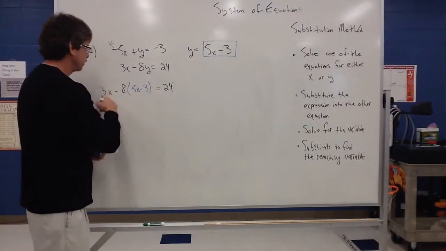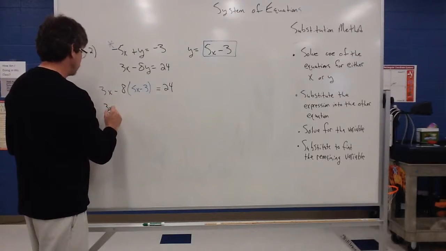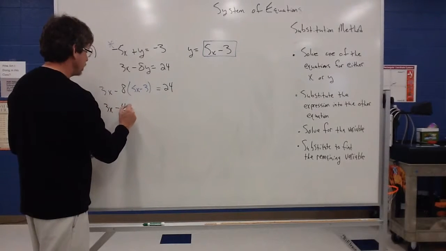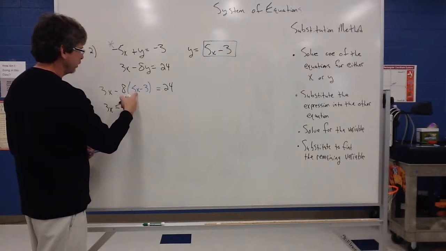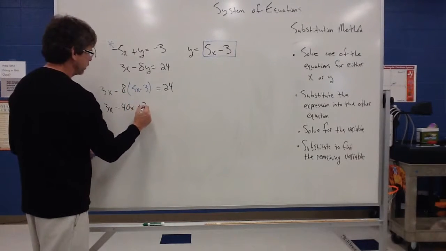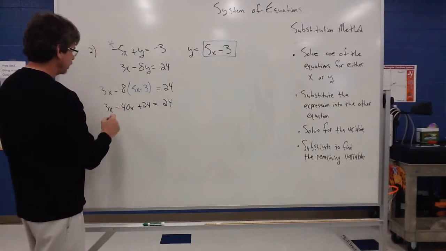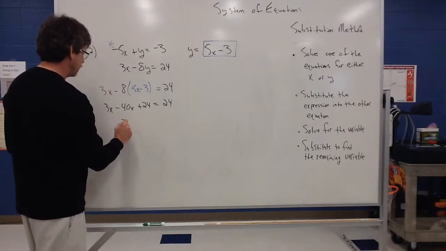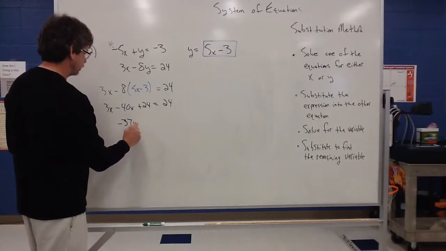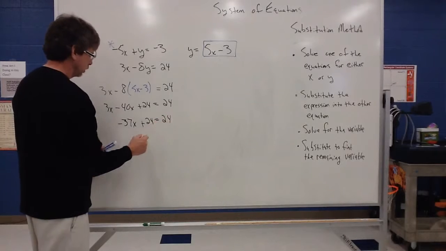So now we can simplify this out, solve for x. We have 3x. I have then a negative 40x because negative 8 times 5 is going to be my negative 40x. And negative 8 times a negative 3 is going to be the positive 24. That's going to equal then 24. These are like terms, so that's going to give me a negative 37x plus 24 is equal to 24.